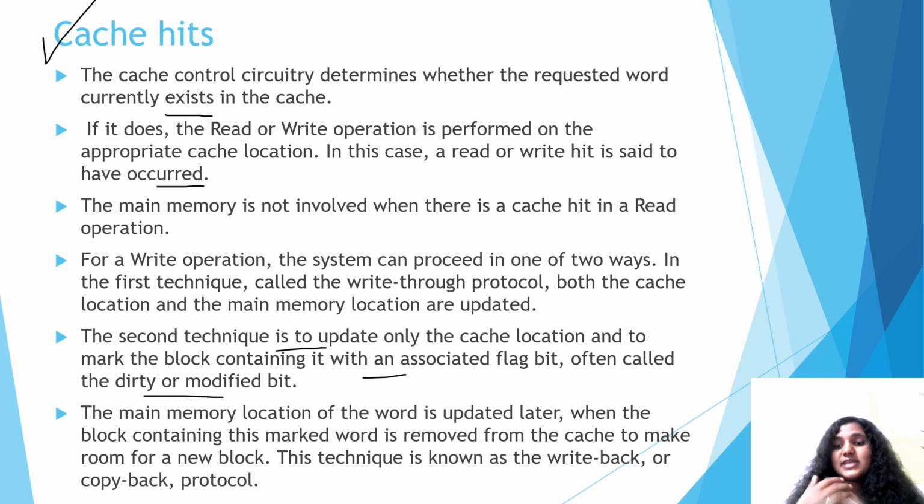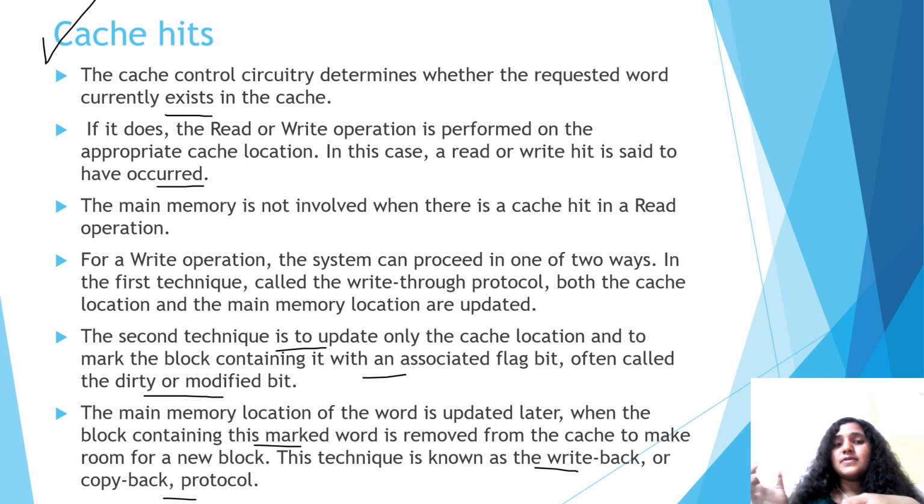So this is the second technique. The main memory location of the word is updated later, when the block containing this marked word is removed from the cache to make room for a new block. So this technique is known as the write-back or copy-back protocol.